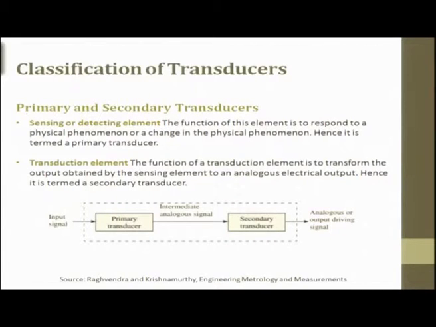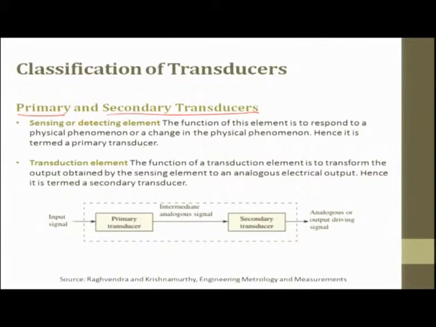There are two types of transducers. One is called the primary transducer, the other is called the secondary transducer. The primary one is the sensing or detecting element. The function of the element is to respond to a physical phenomenon or a change in the physical phenomenon, hence it is termed the primary transducer.